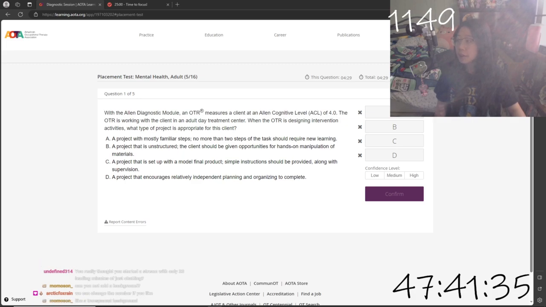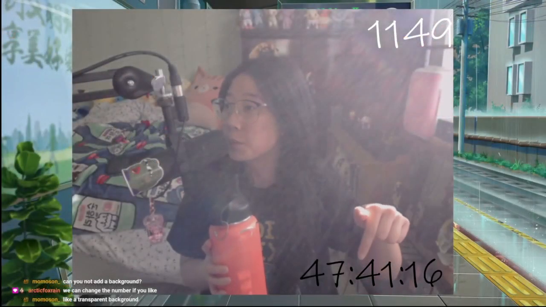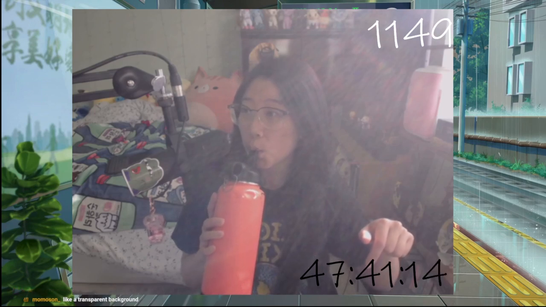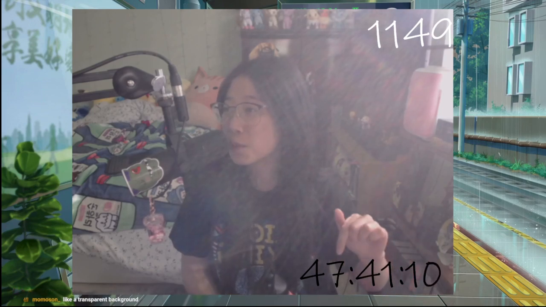Like a transparent background? But then wouldn't a transparent background on top of a white background just blend into white? No, I would really not like you to change the number. In fact, I love this number. Look at how beautiful this number is. I like below 50.